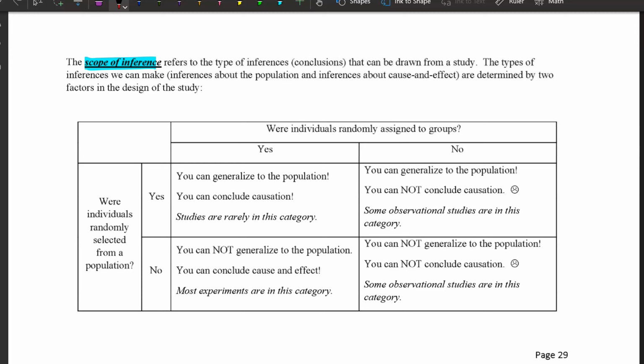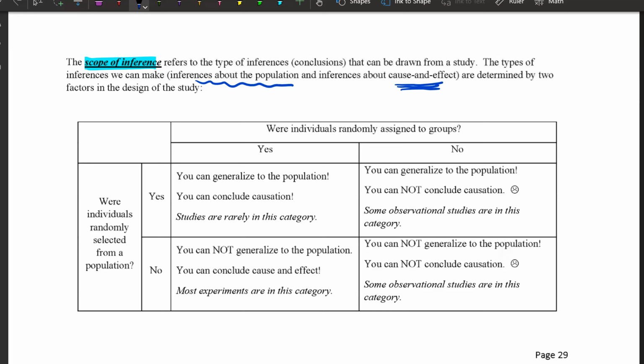The types of inferences we can make are determined by two factors in the design of the study. So the two types of conclusions we're going to make in this class are: can we make inferences about a population? Can I generalize to a larger population? And can I prove cause and effect?